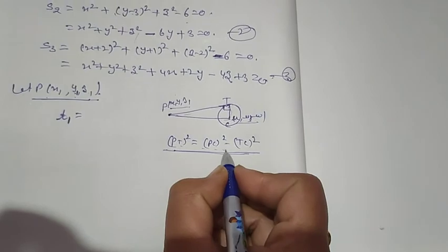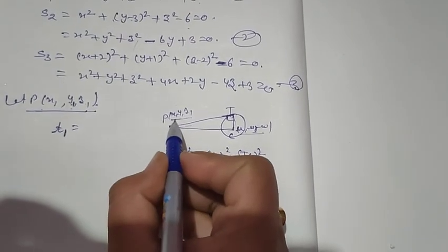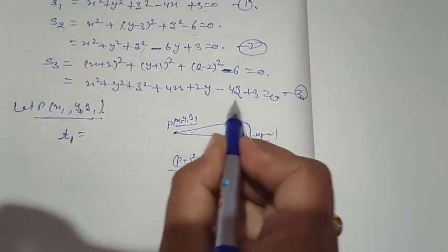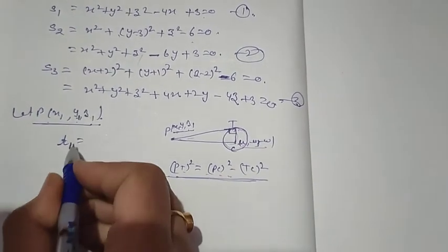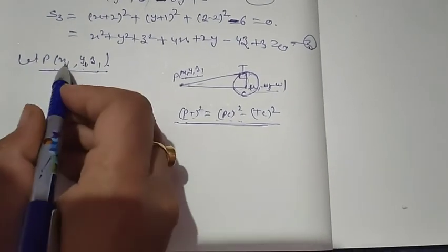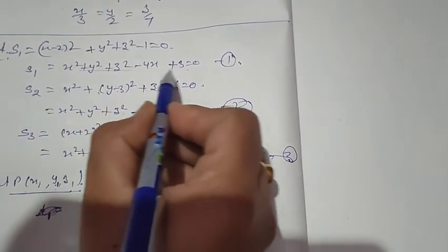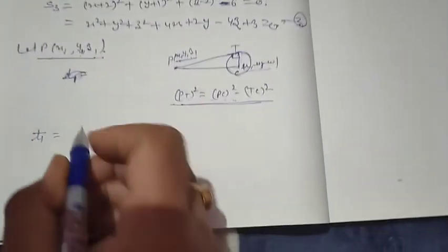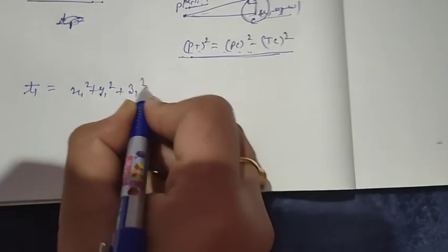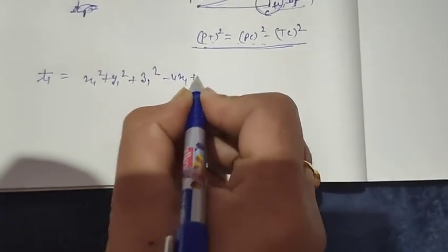By this formula, we simply put x1, y1, z1 in this sphere and take the square root. So T1 is equal to the square root of x1 square plus y1 square plus z1 square minus 4x1 plus 3.